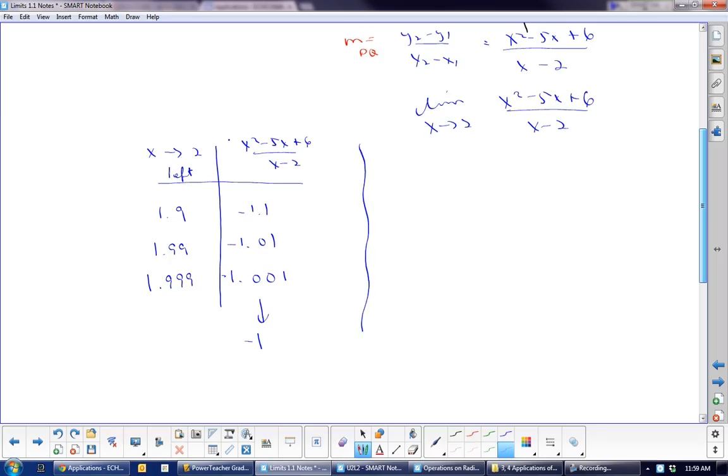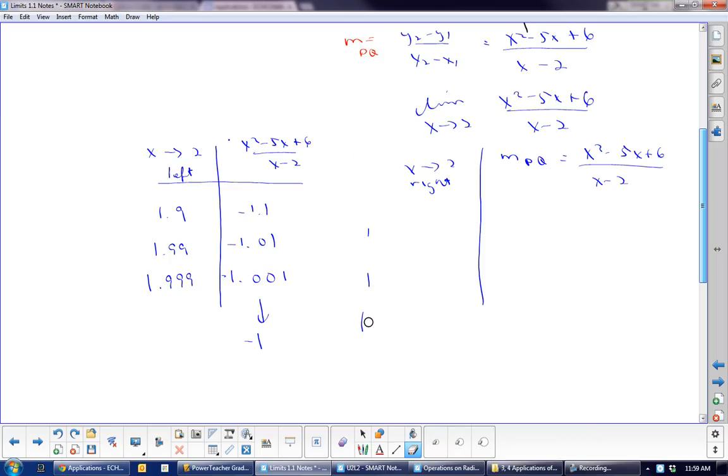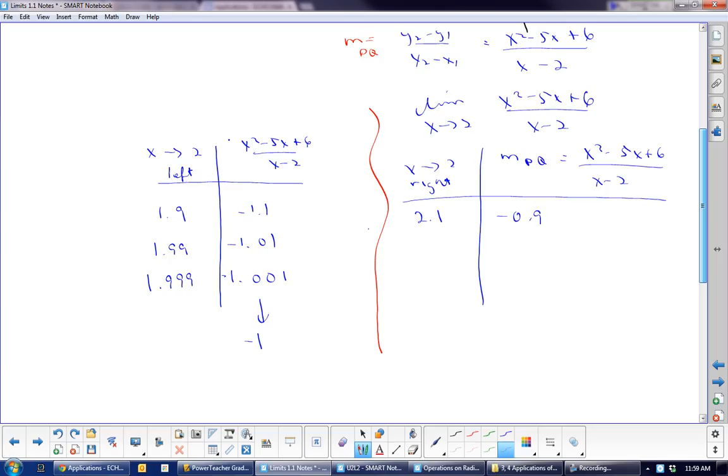Now if you do it from the right, so x approaches 2 from the right, m of PQ equals x squared minus 5x plus 6 over x minus 2. A good number to start with would be like 2.1. If you put 2.1 in there, you get negative 0.9.